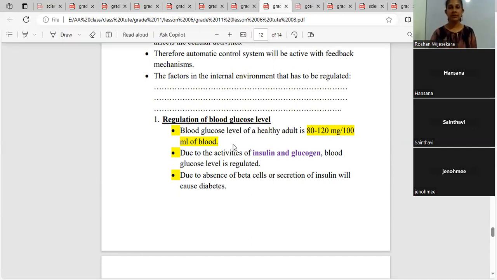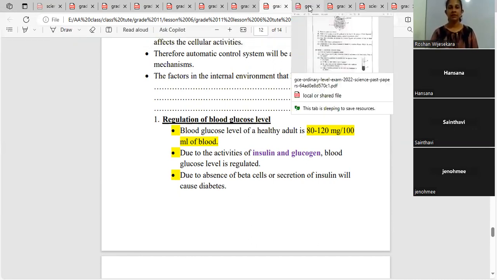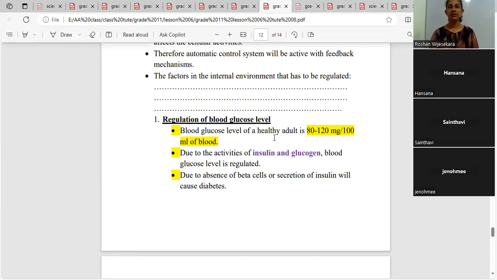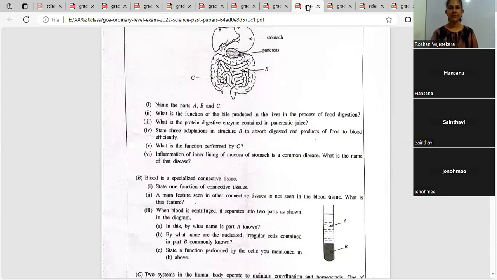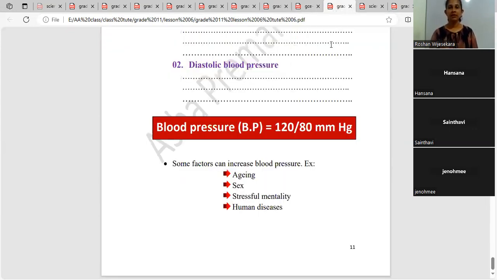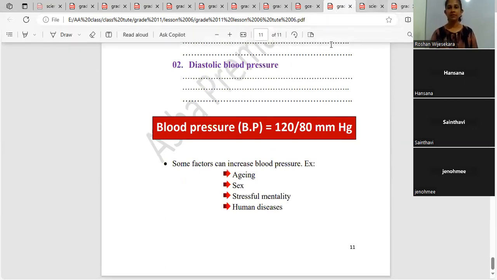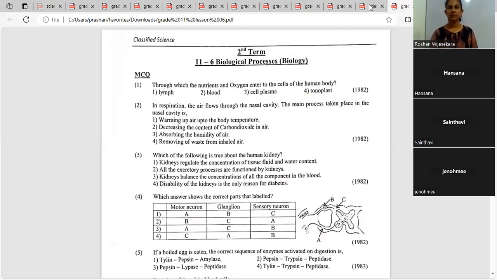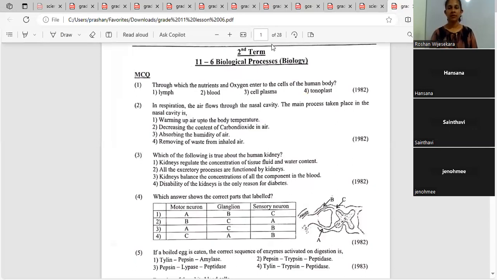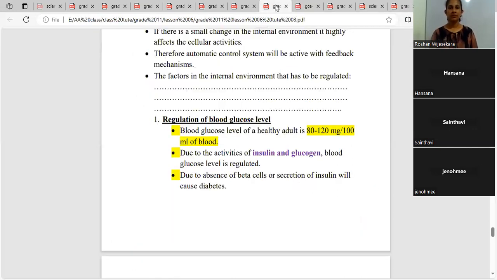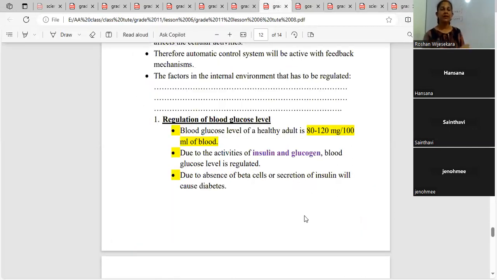Yes, that is the blood circulatory system. No, nervous system, right? The nervous system. Yes, that is the summary of this lesson.